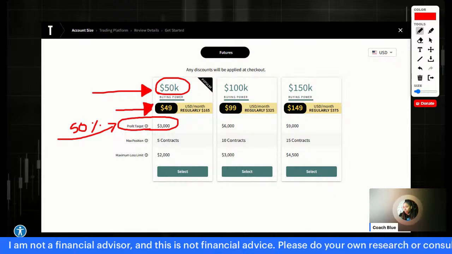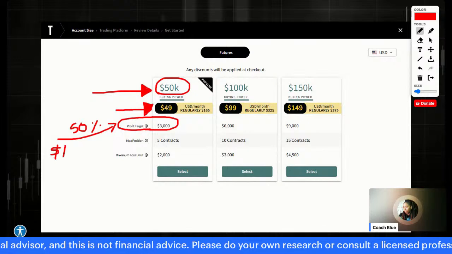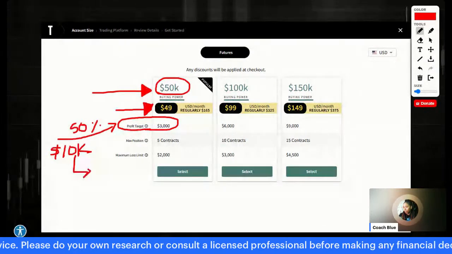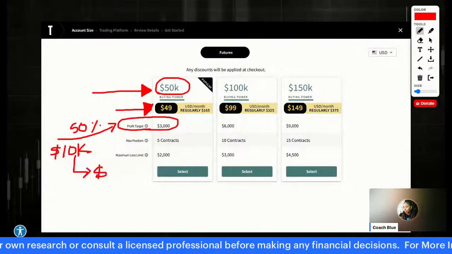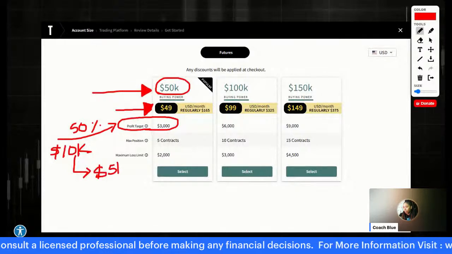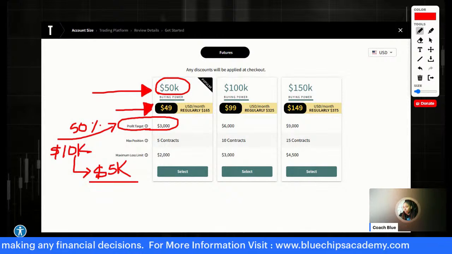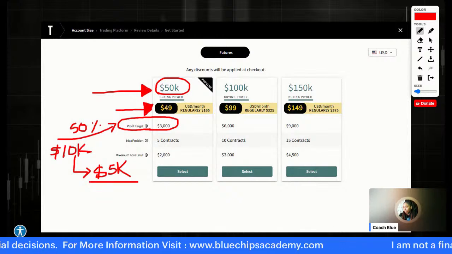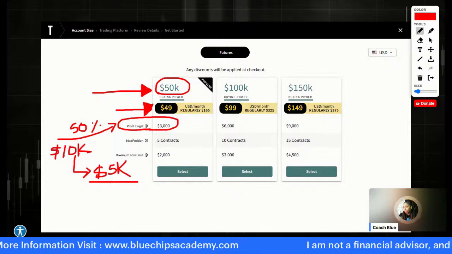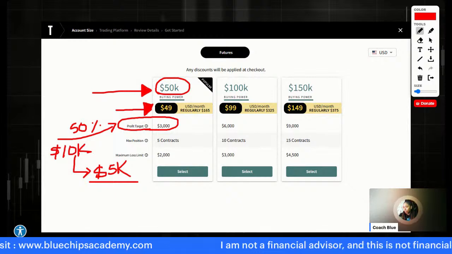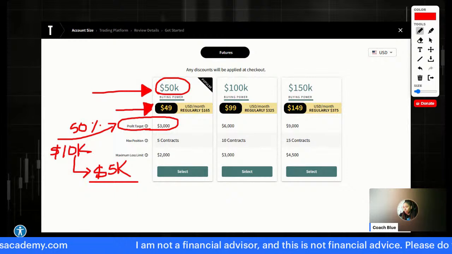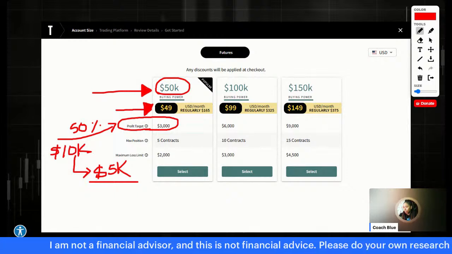So with 50%, let's say you earn $10,000 on that account and you haven't gotten your 30 trading days. Well, you just turned that $50 into $5,000. $50 to $5,000, that is 1,000x, guys. That's 1,000x return.